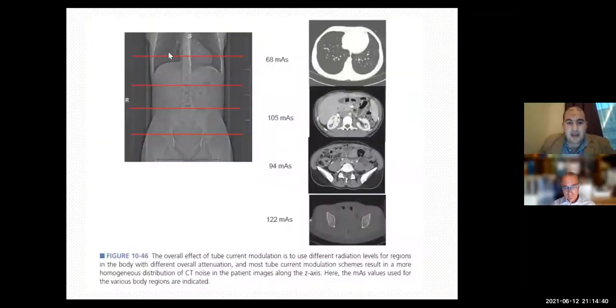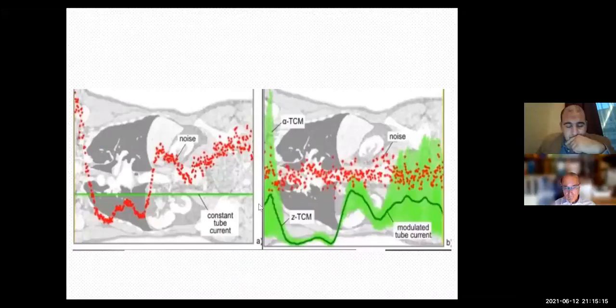Here, if you scan a patient from abdomen to pelvis, this cut in lung gets 68 milliampere second, but for abdomen it increases a little bit to 105, for pelvis 94 milliampere second at the start of pelvis, but at the middle of pelvis 122. So different values of milliampere to get the same noise level or the same image quality along the Z-axis of the patient.